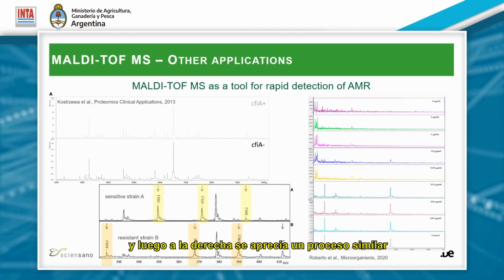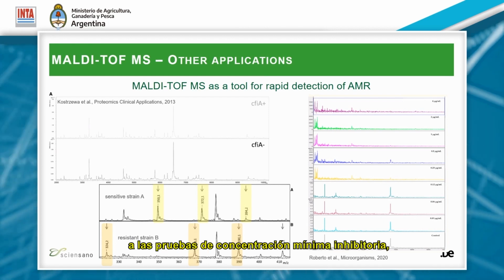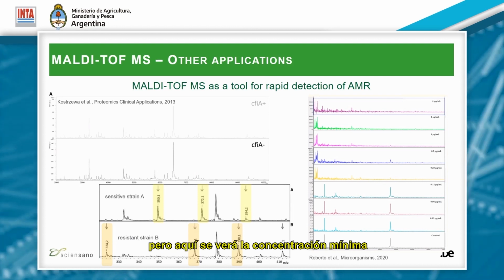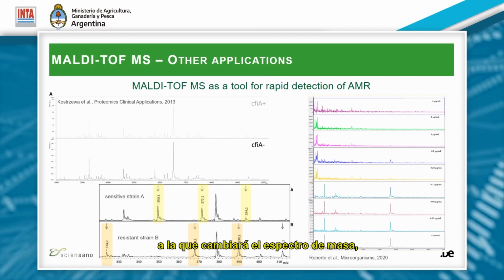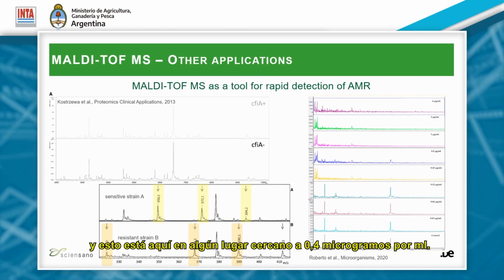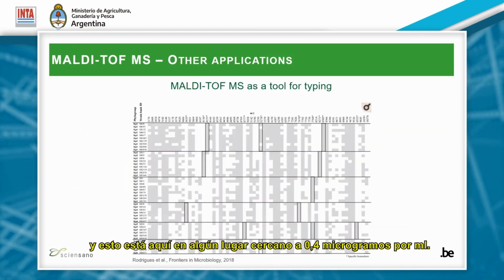And then on the right, you have a process that is similar to minimal inhibitory concentration tests, but here you are going to look at the minimal concentration at which the mass spectra will change. And this is here somewhere near 0.5 micrograms per milliliter.